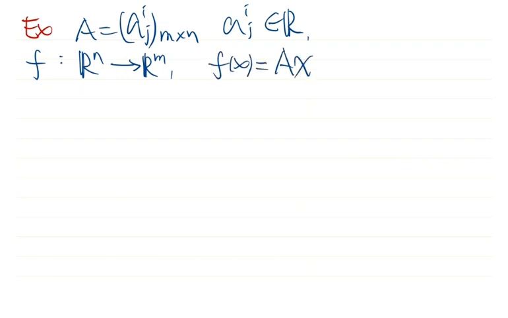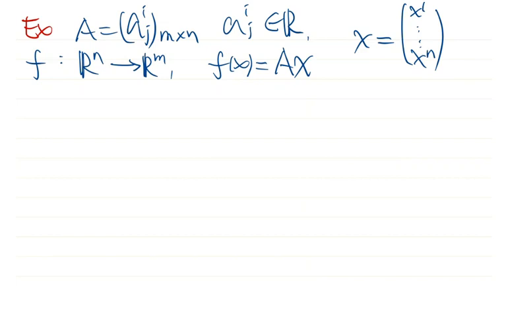Here we write the independent variable x as a column vector x1, ..., xn, so that it will be convenient to take matrix multiplication. It is not essential whether x is a row vector or column vector, so for convenience, for this example, we use column vectors. So we declare that f is continuous.